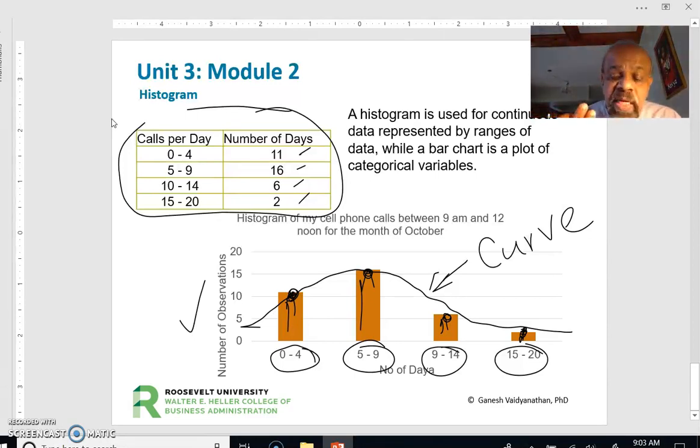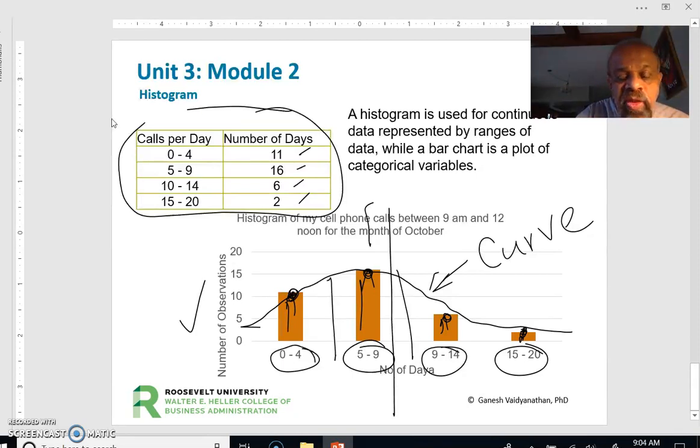So this tells me about the maximum number of calls, and I can do a lot of different analysis with this. So I can say, where is my mean? My mean is somewhere maybe here. This is my mean, and I'm doing more here. The variances can be a little more at 0 to 4 and 15 to 20. These are the tails.